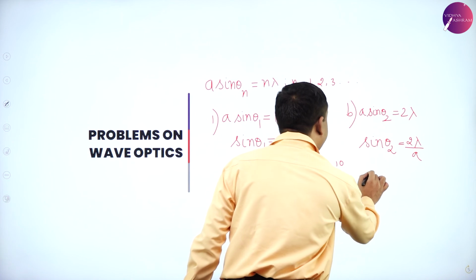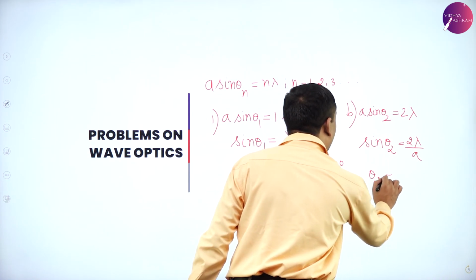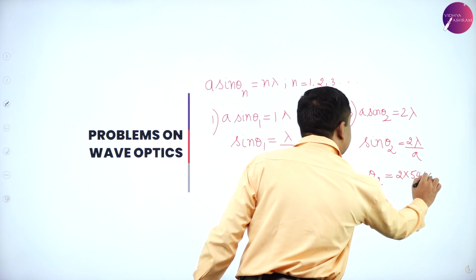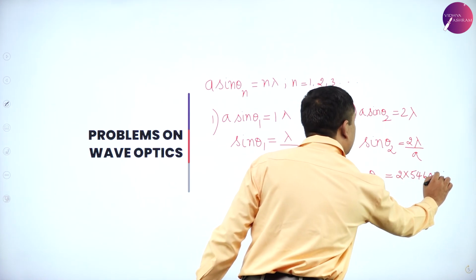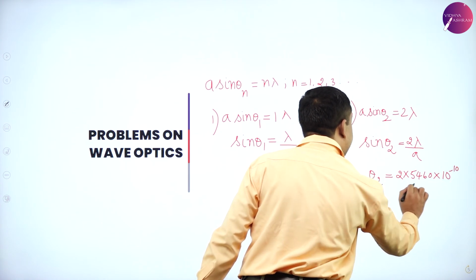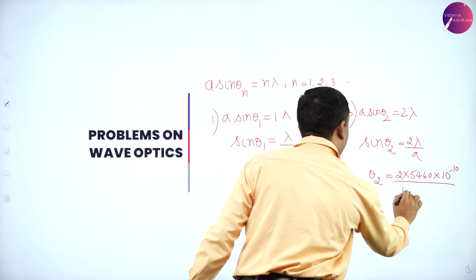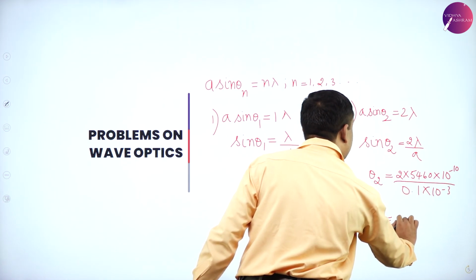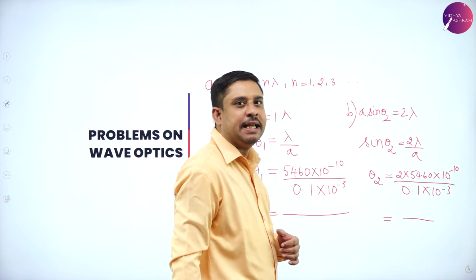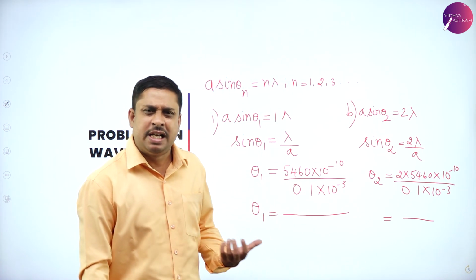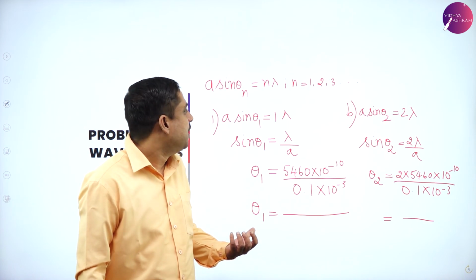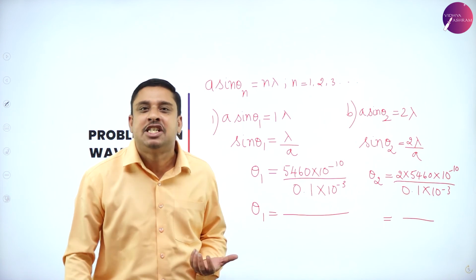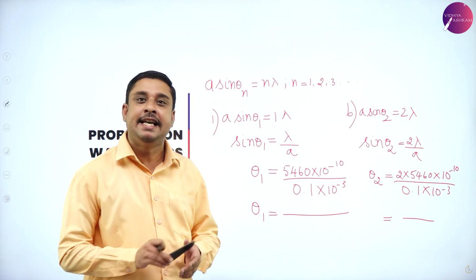Again, approximately theta 2 is 2 into 5460 into 10 power minus 10, again divided by 0.1 into 10 power minus 3. So many radians will be the answer. Very much reflecting that if you're familiar with the expression, simplification becomes very, very easy.